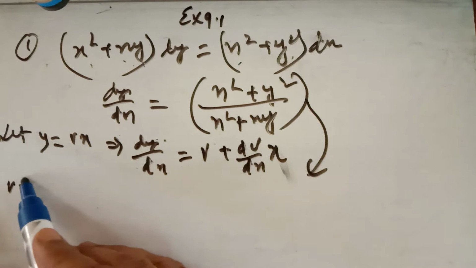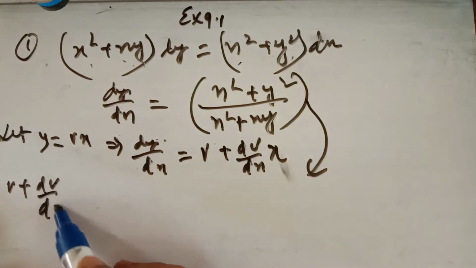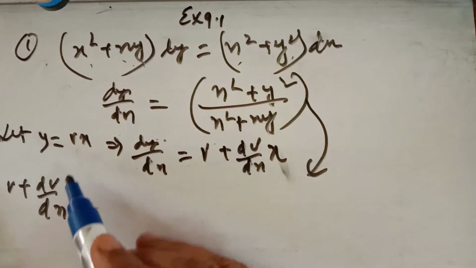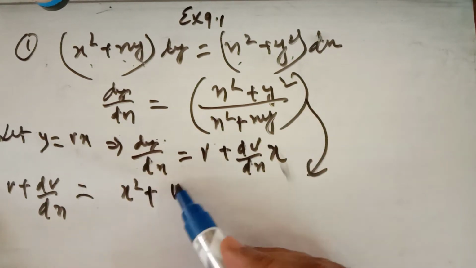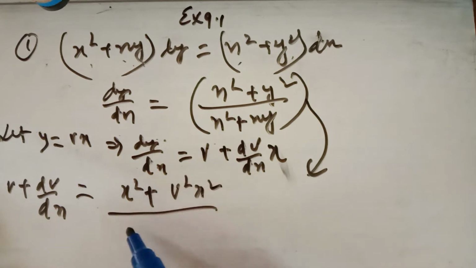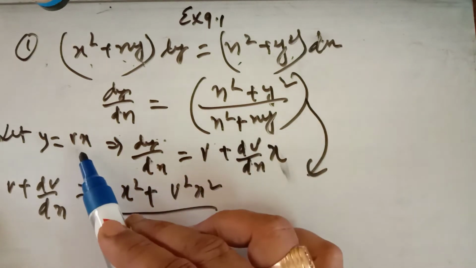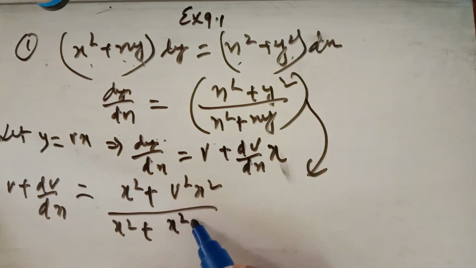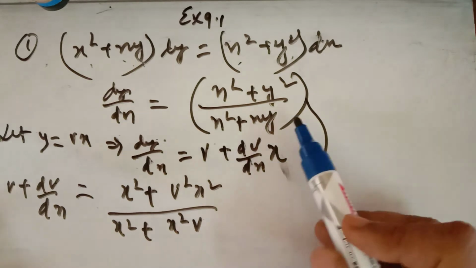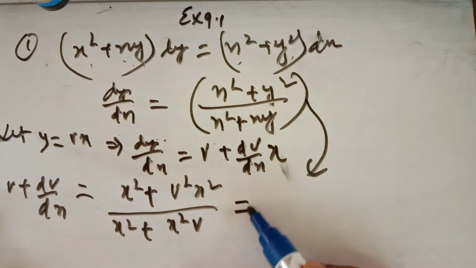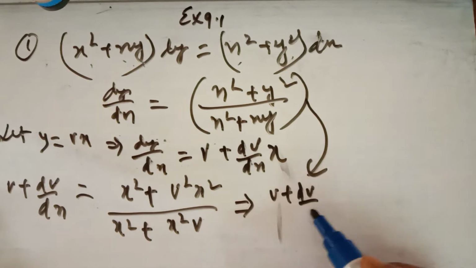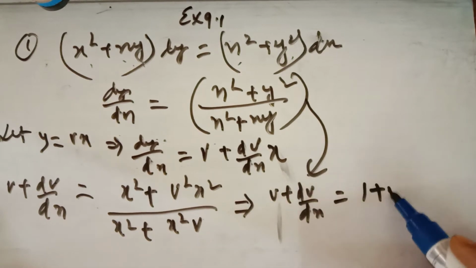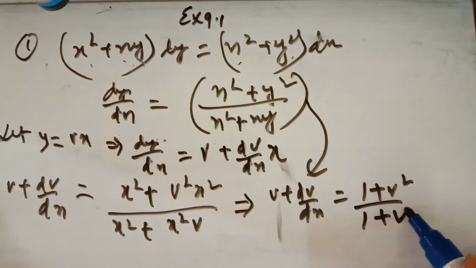It will be v plus x dv/dx, the value of dy/dx, is equal to x square, and replace the value of y as vx, v square x square upon x square, and x into y will be x square v, when you replace the value of y as vx. So you are getting v plus x dv/dx is equal to 1 plus v square upon 1 plus v.